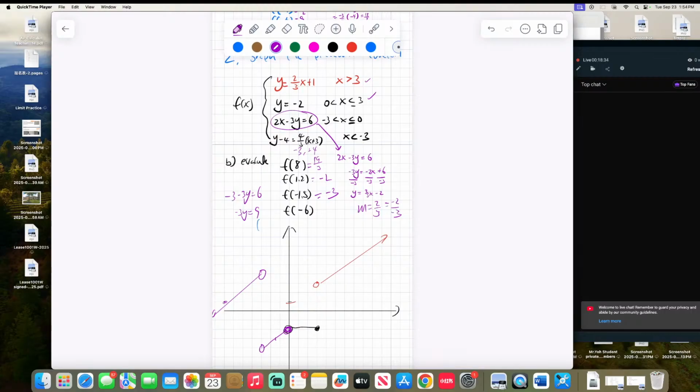And negative 6 is going to give you y minus 4 equal to 4 over 3 times negative 6 plus 3. So it's negative 3. It's negative 4. Negative 4 plus 4 is 0. That doesn't make sense. Is it 0? Yeah. You got 0? But my graph is not matching though. It's off. Hold on.